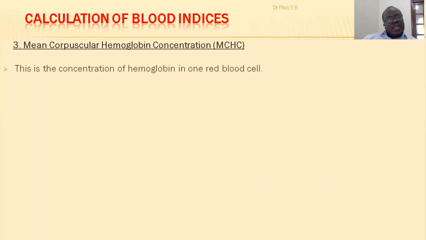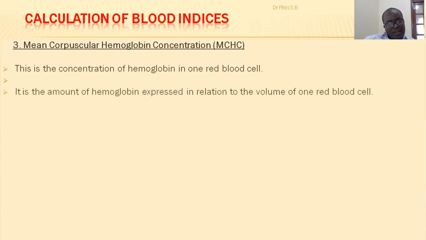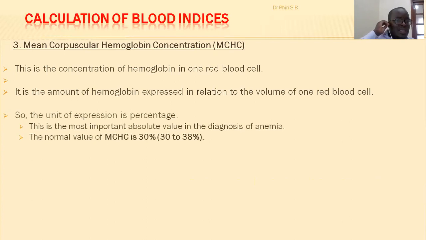So how do you define mean corpuscular hemoglobin concentration? This is the concentration of hemoglobin in one red blood cell. In other words, it is the amount of hemoglobin expressed in relation to the volume of one red blood cell, like I said. The units here are expressed in percentage form.